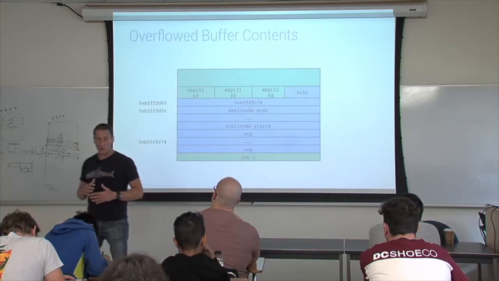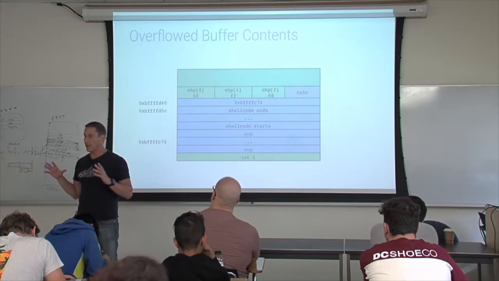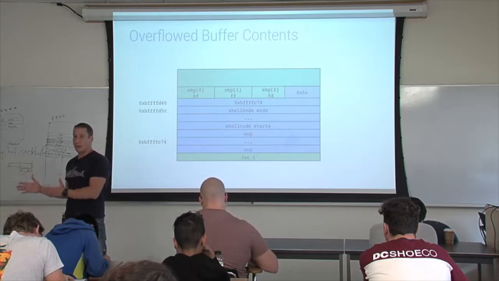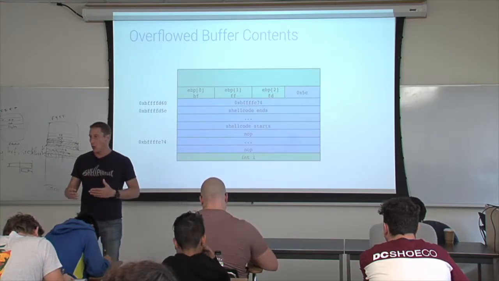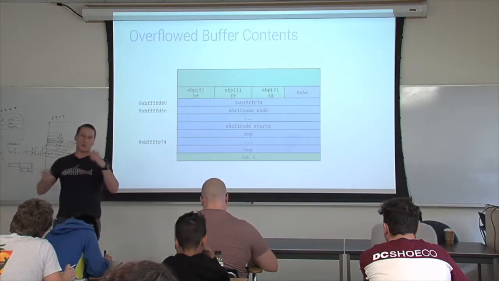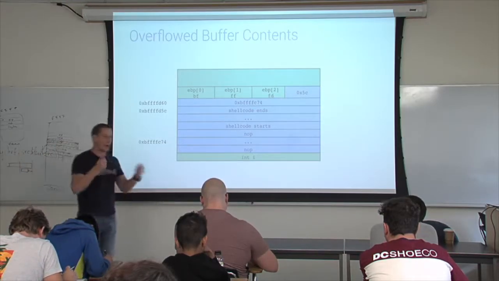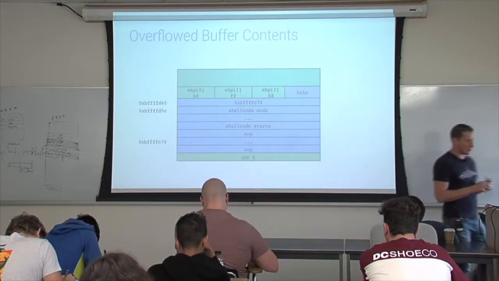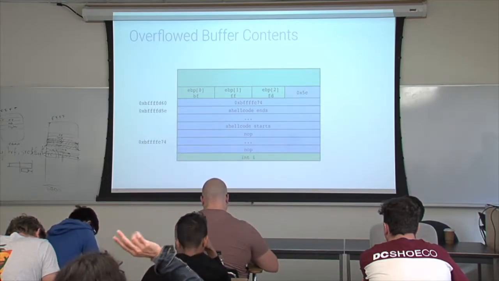Oftentimes with heap attacks, which I would consider one of the most complicated attacks, you have to set up weird chunks in memory so that later, when somebody goes there and frees that chunk, it starts playing with pointers in the wrong way and overriding values under your control. But let's see how this works in practice.